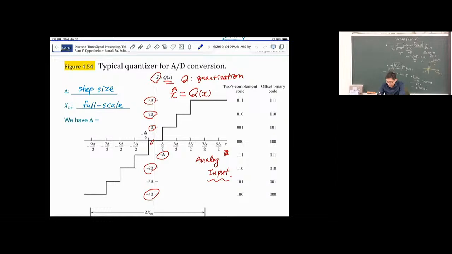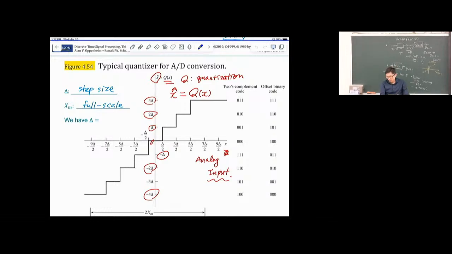X hat is the result after quantization, where Q stands for to quantize a signal, or simply a number, really, to quantize a number, right? The I/O function is a staircase because this is nothing but rounding to the nearest integer. It's nothing but just 四舍五入 in Chinese, rounding to the nearest integer.